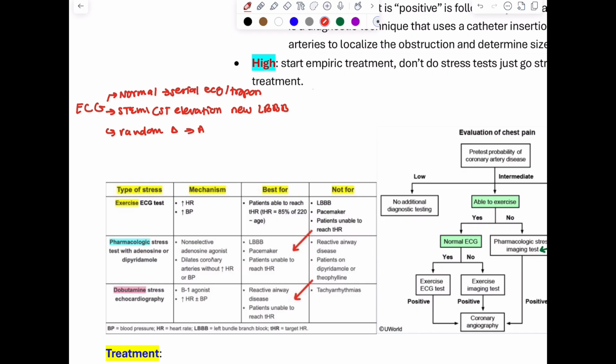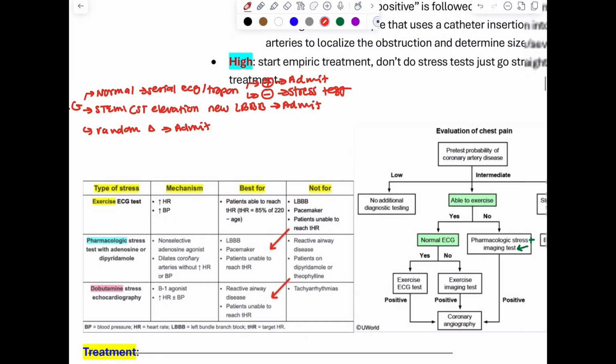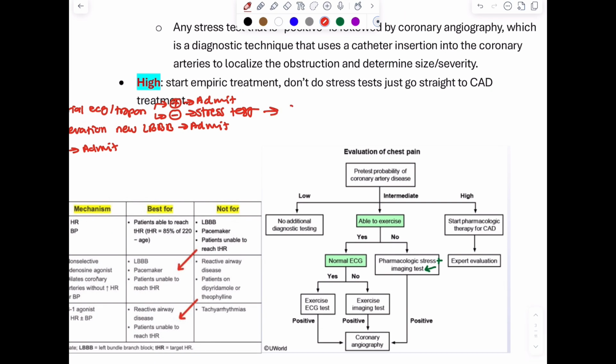You admit. And right here, if it's positive changes later, you admit. But if it's negative, no changes in the ST elevation, no changes in troponins, you send for a stress test, right?